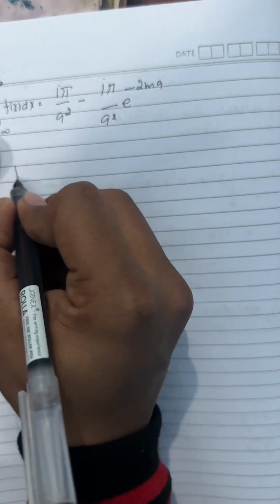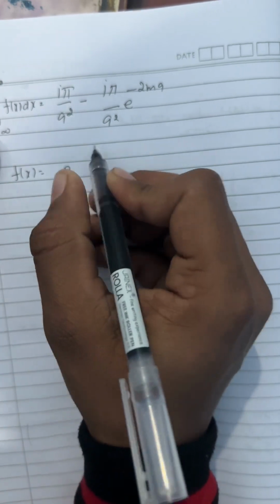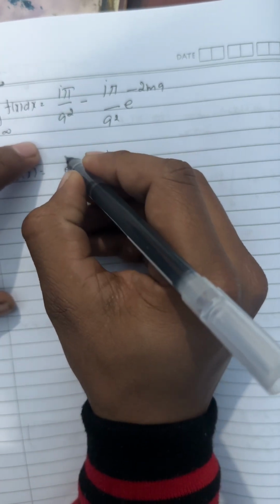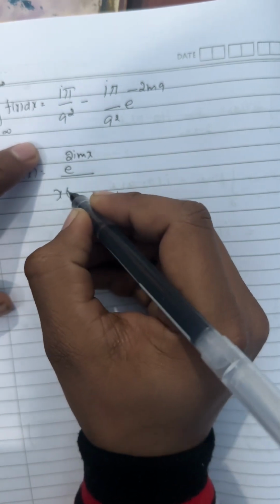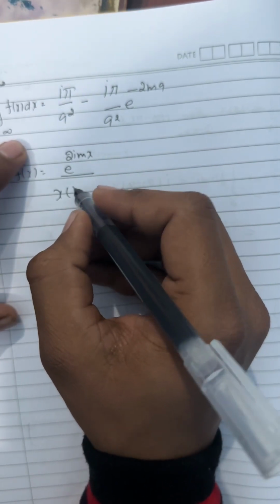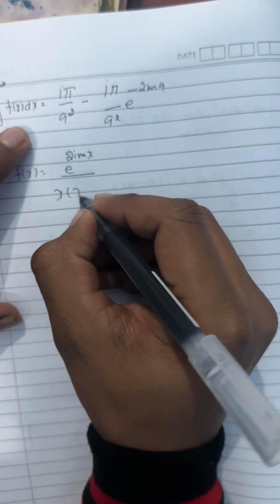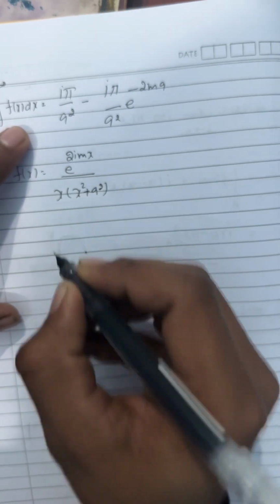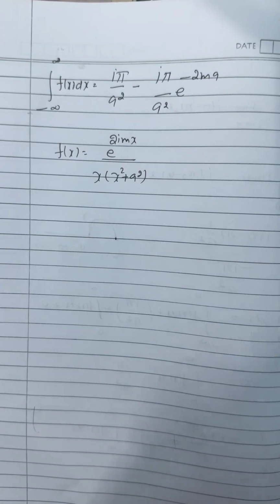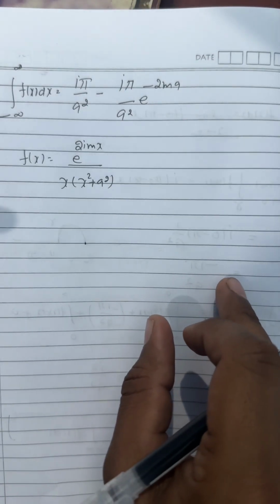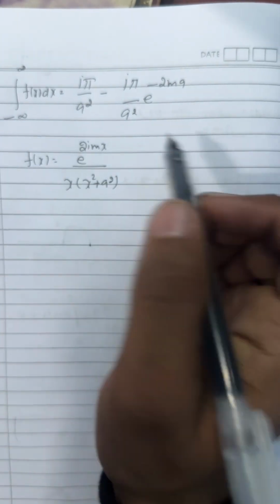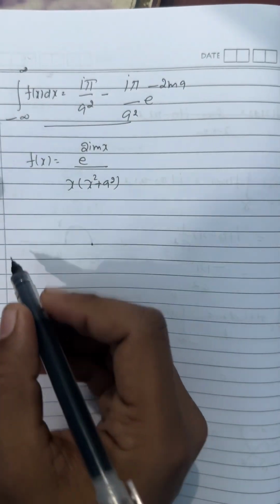So our f of x is e raised to power 2 iota mx divided by x multiplied by x square plus a square. What we are going to do here is compare real and imaginary parts of this equation. So let's compare.